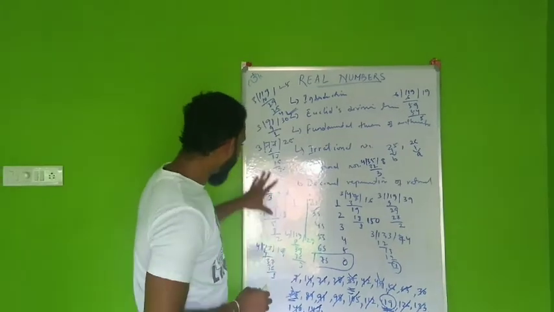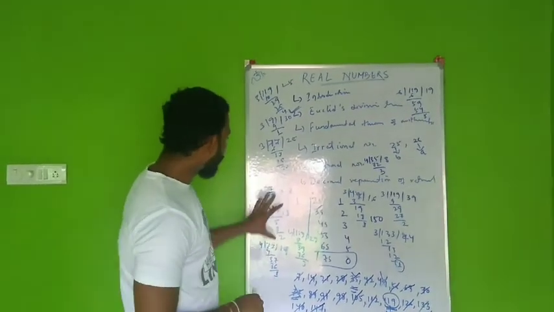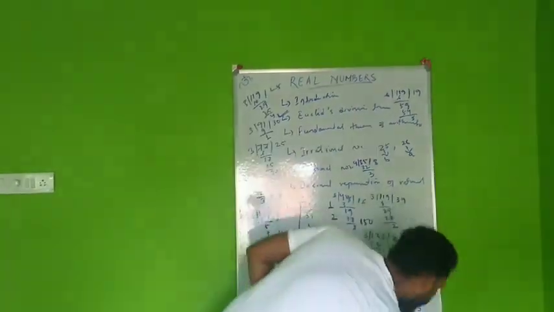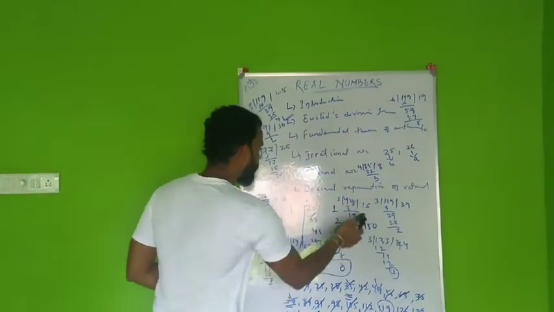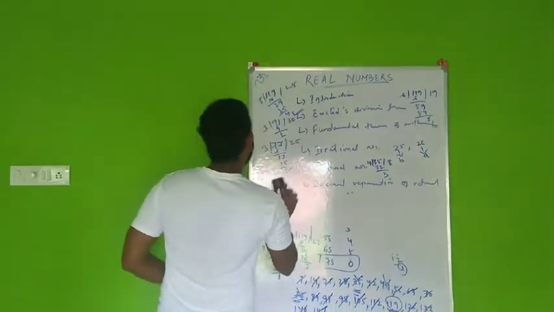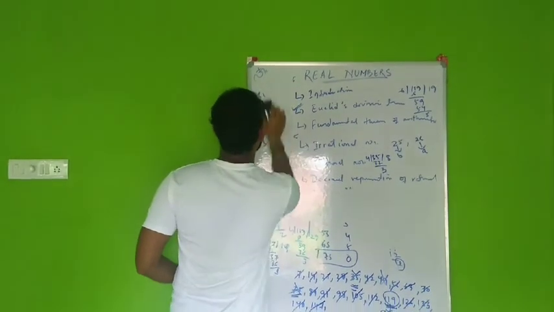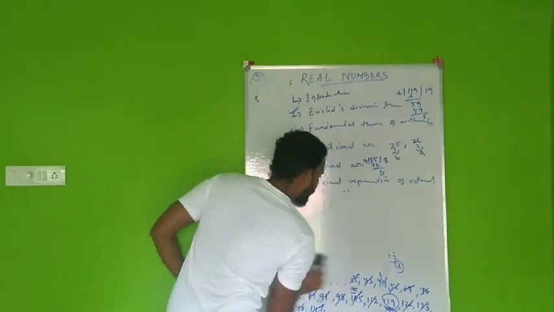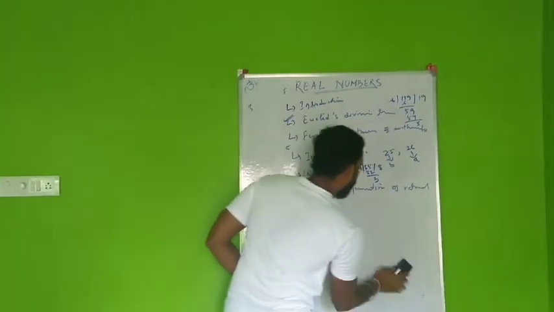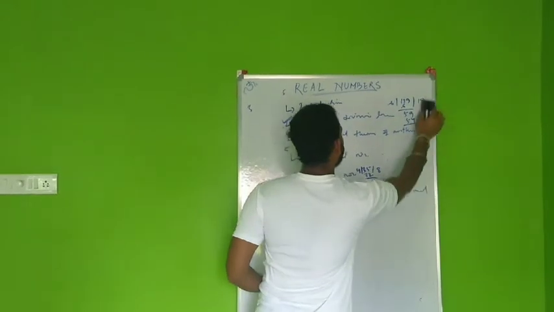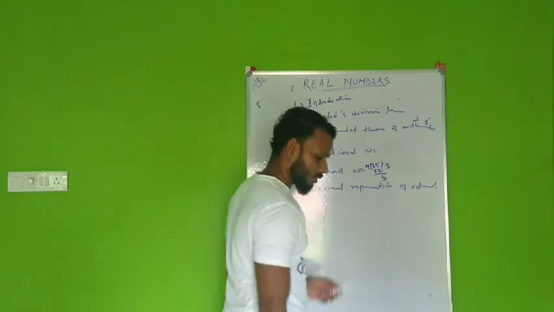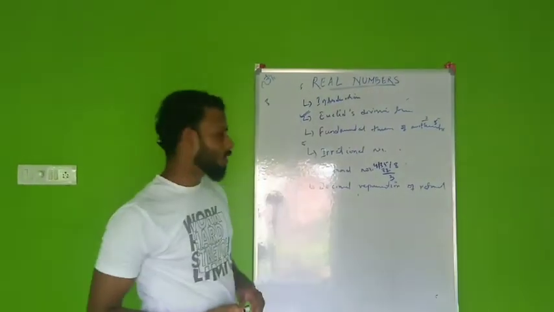Fine. Actually here I have used a little bit of the concept of Euclid's division lemma. How? Let us consider this 119. I have told that 119 is the required answer.